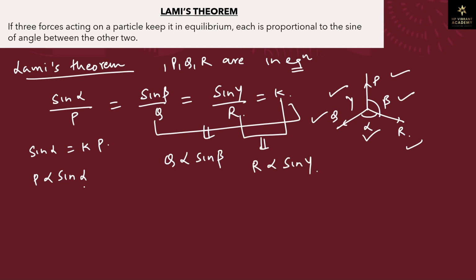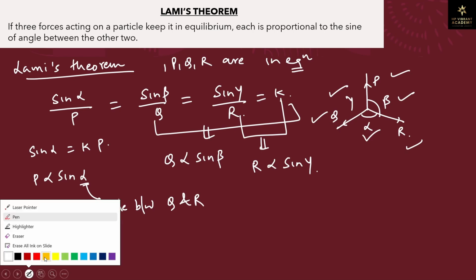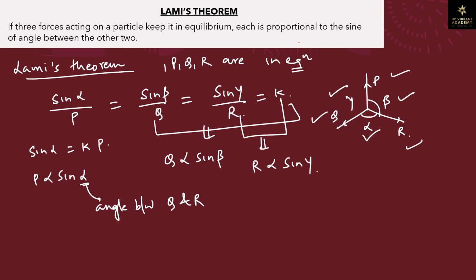So this means alpha is the angle between Q and R. Let us read the statement once again: each is proportional to the sine of angle between the other two.